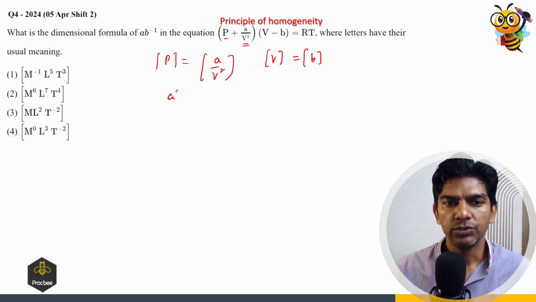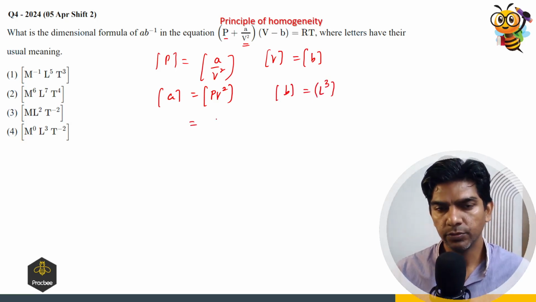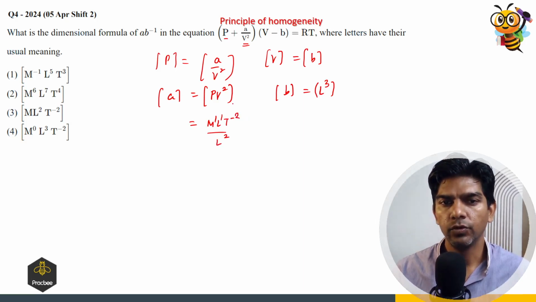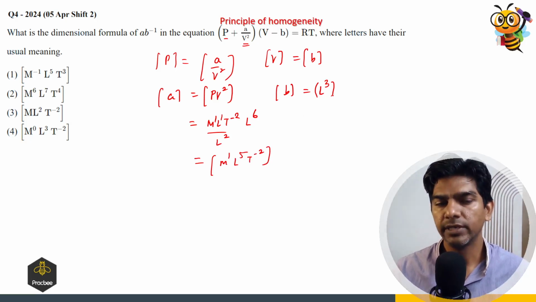So dimension of a will be the same as the dimension of pv square, and dimension of b is nothing but L cube. Pressure is force upon area, so M raised to power 1, L raised to power 1, T raised to power minus 2 upon L square, and volume square will be L raised to power 6. So dimension of a will be M raised to power 1, L raised to power 5, T raised to power minus 2, and dimension of b is L cube.